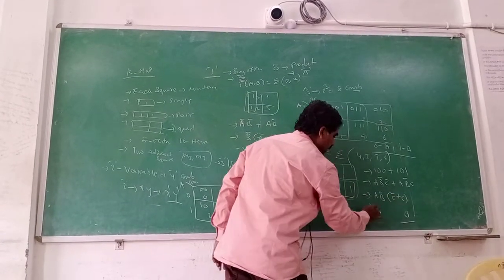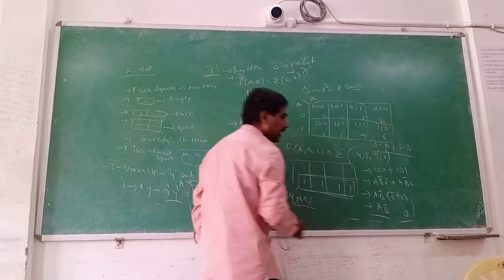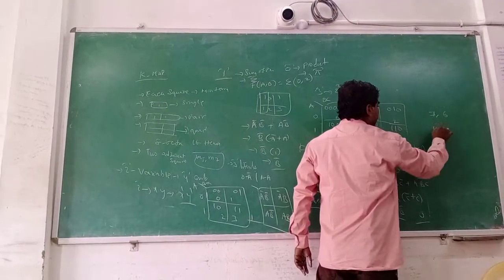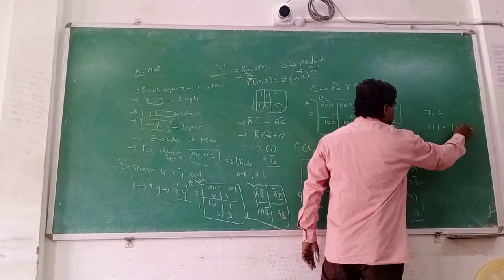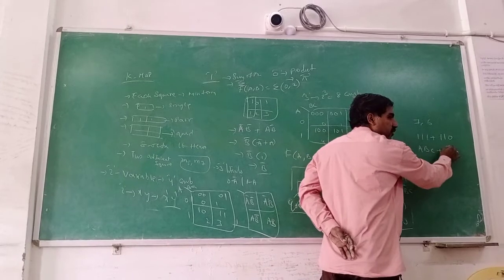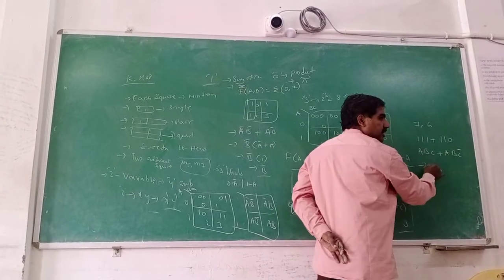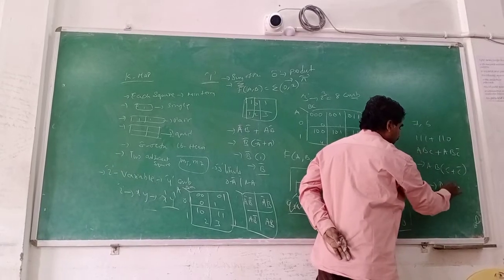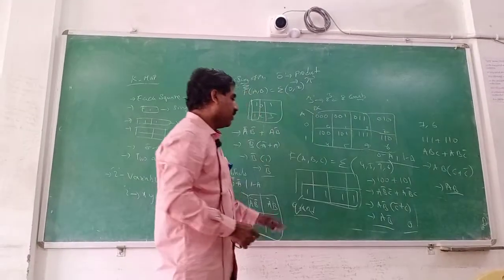Another combination is 7, 6: 7 is 111, 6 means 110. 111 means A B C, and another is A B C bar. In this product, you simply take AB common as AB times C plus C bar, which can be written as AB. The final answer is A B bar plus AB.